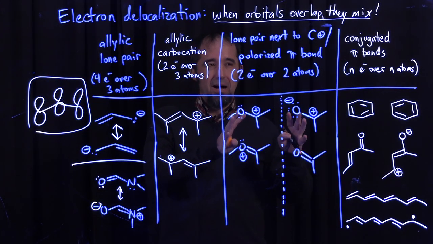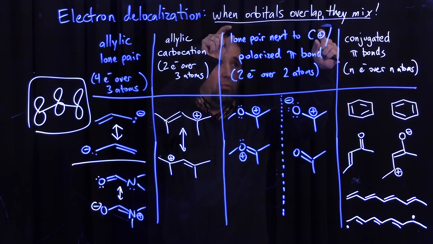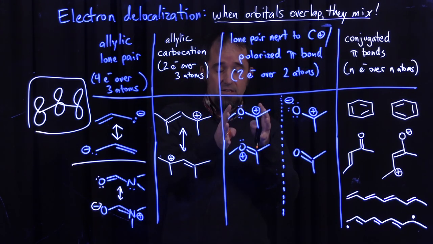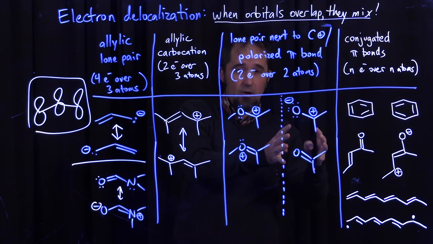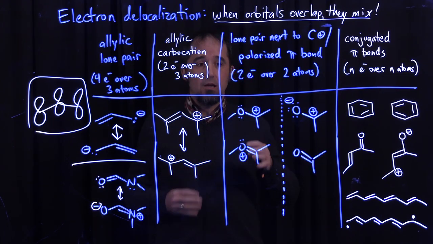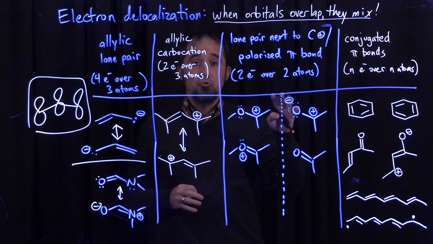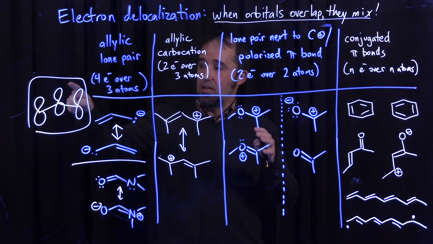Here I've combined 2 different scenarios that your book lists. Your book lists a lone pair next to a carbocation, that's here, and a polarized pi bond, that'd be here. I think they're the same thing because in both cases we're talking about 2 electrons and 2 atoms. Right? So here, just like over here, I can think about a p orbital.